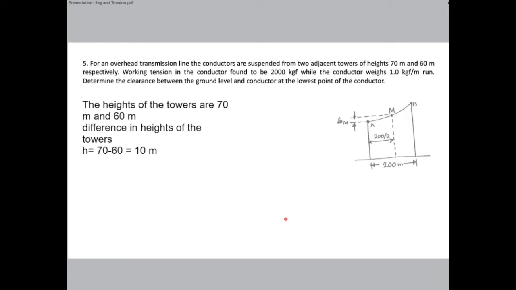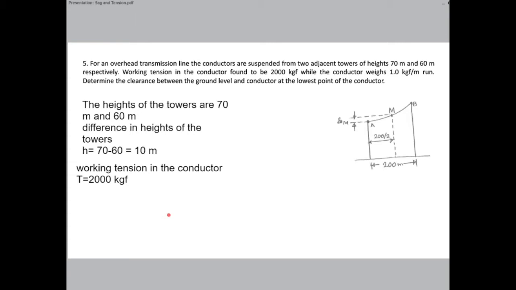We have working tension given. So let me write it here. Working tension in the conductor, capital P, is 2000 kgf, which is given.